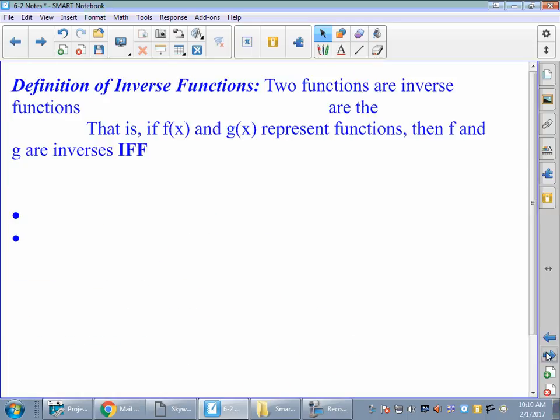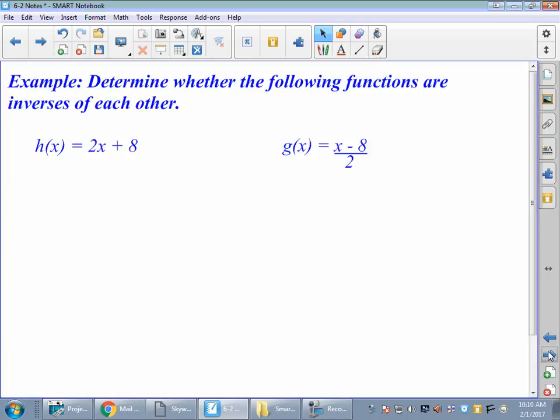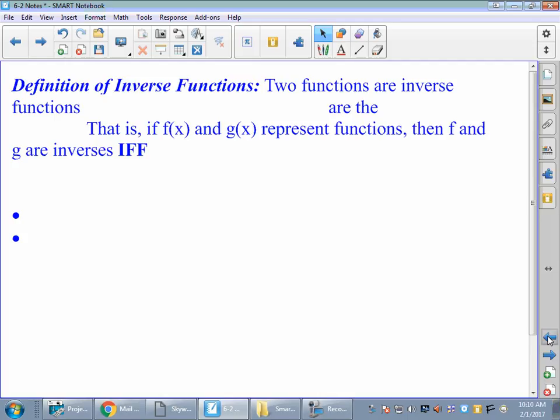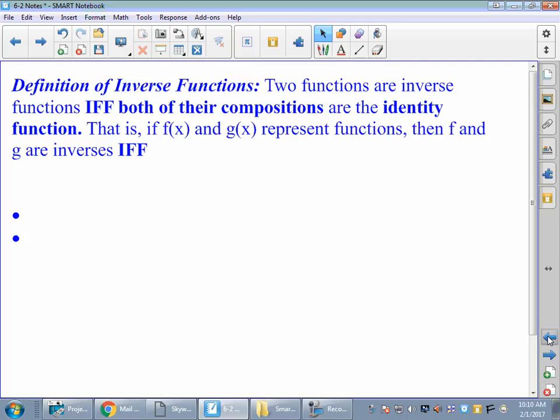The second thing we're going to talk about, and I'm going to go ahead in the slide, if I give you 2 equations, I want to know, are they inverses of each other? Will the one function give me an ordered pair, and will the other one give me the reverse of that ordered pair? That's kind of what we're asking here. And the way we determine if 2 equations are inverses or not is we use the composition of each of those functions. And so the composition is what we did in the previous section.